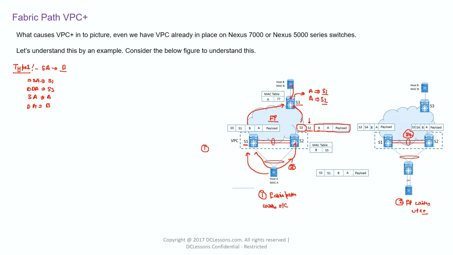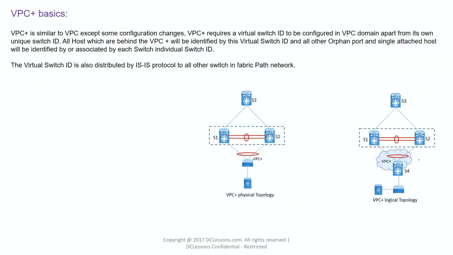MAC A and MAC B will be reachable via switch 4 only. Switch 3 will reply to switch 4. Either this packet reaches here or here, it doesn't matter, because S1 has VPC+ configured and uses the VPC technology to send the traffic. So there will be no MAC flap issue. This is the problem solved by VPC+ over VPC.